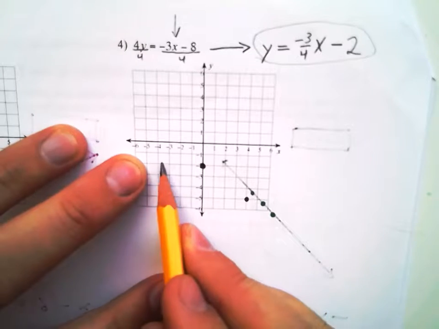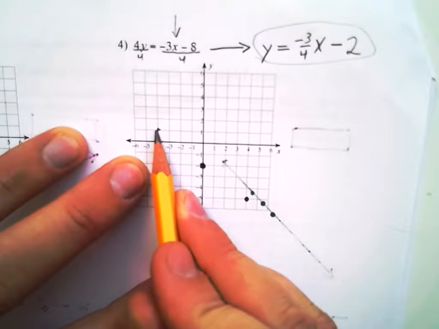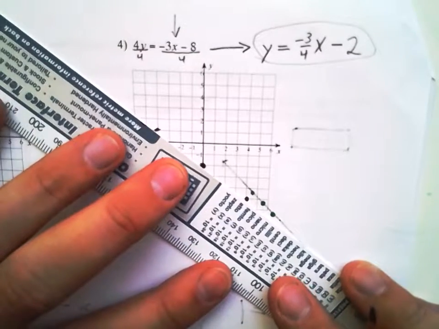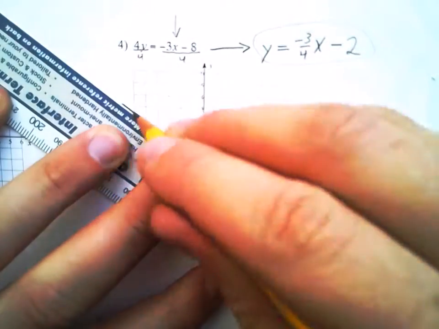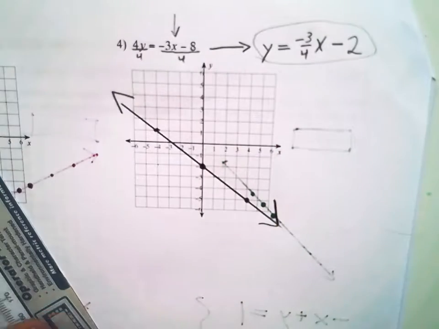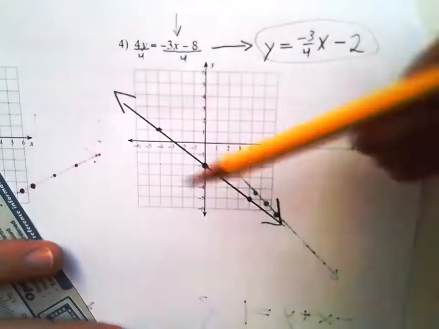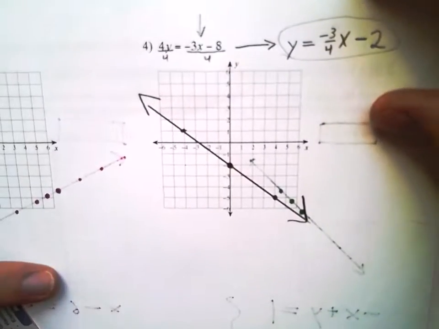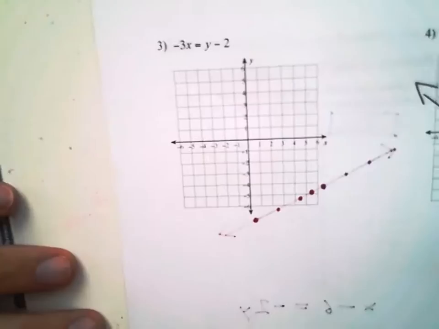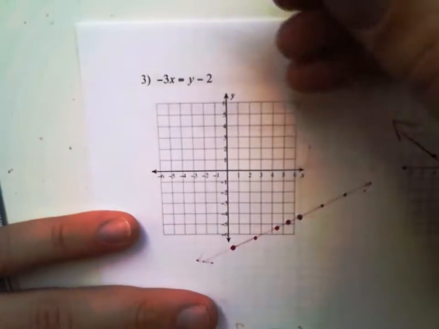And we could go back 4, up 3, really carefully there. And it's going to look like this. Okay, so this is more the way that we're starting to do stuff on the next assignment, but you can do it this way on this assignment too if you'd like, just for these two.